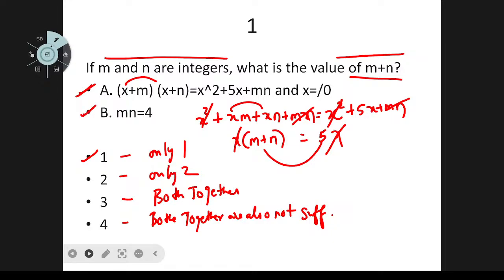See, in this case there is no fifth option, but there could be a fifth option also, which says either 1 or 2. That means sometimes each of them alone is also sufficient. In that case, the first one is correct and the second one is also correct, so by using both of them individually, I will get to the answer.